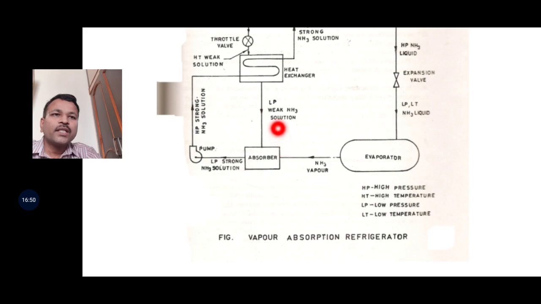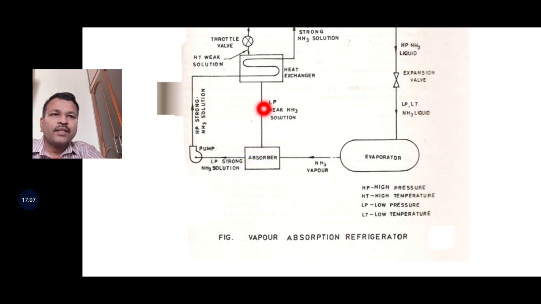So the low pressure weak ammonia solution, ammonia plus water, becomes a low pressure strong ammonia solution. I will repeat again. Ammonia vapor from the evaporator enters the absorber.